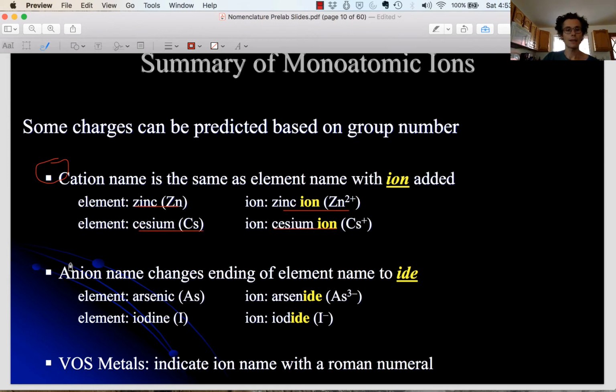The anions, on the other hand, you're going to make a little change to, right? You're going to drop the ending and add ide. So for arsenic, you're going to drop the ic and add ide. For iodine, you drop the ine and replace it with ide. And then those variably charged metals have that Roman numeral when you're talking about them.